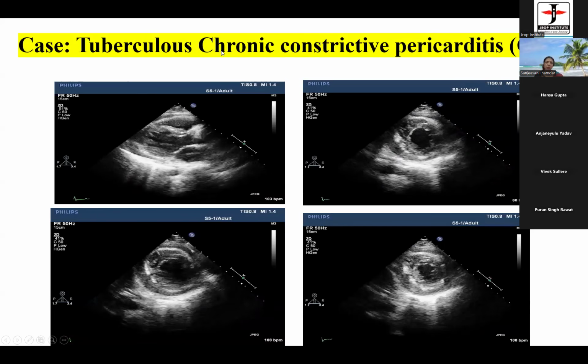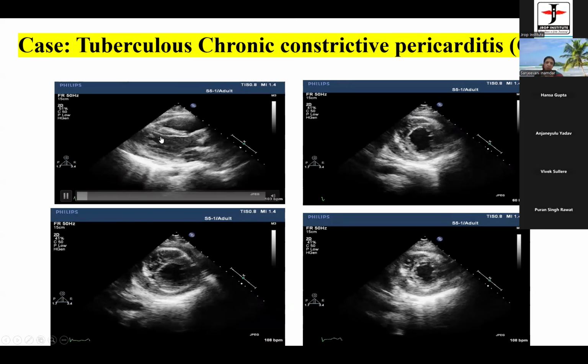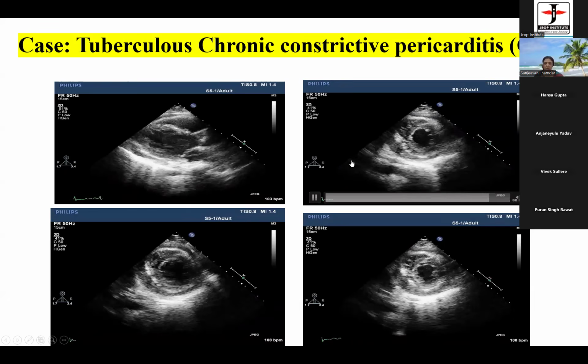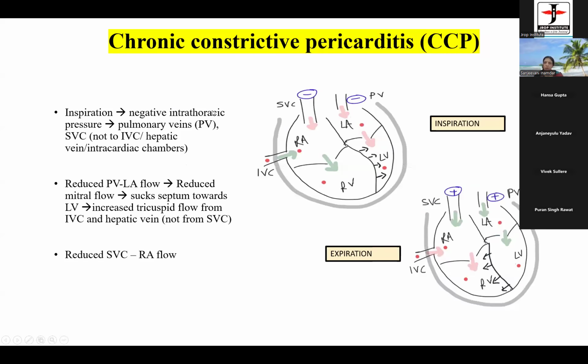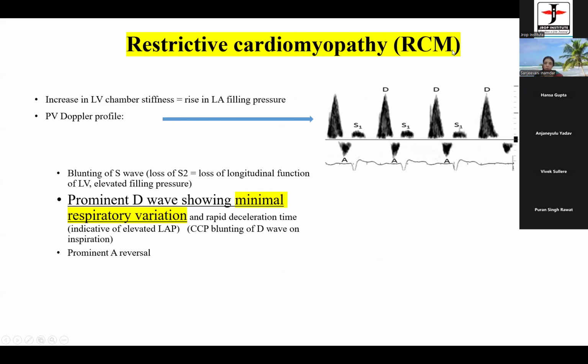This is another case of tubercular constrictive pericarditis, where again the pulmonary vein can be of some help. This is the constriction showing how difficult it is for the ventricle to relax. We know that during inspiration there is reduced flow on the left side, which is exaggerated in constriction, and this D wave velocity difference between inspiration and expiration is more than 40%, which is not the case in restrictive cardiomyopathy.